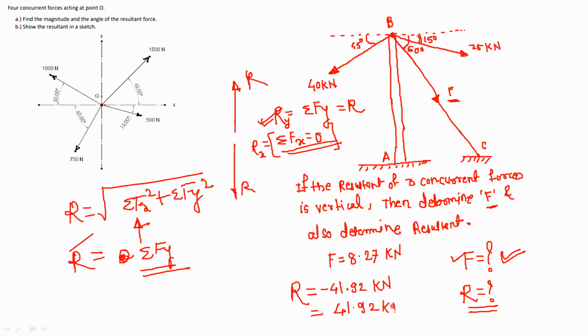So we can write this value as 41.92, and we can show the direction of the resultant in the negative y-axis. So this is your final answer. I hope you must have got this answer: F is 8.27 and R is minus 41.92. Is it clear to you how to solve this problem? You just have to use the equations summation Fx and summation Fy.